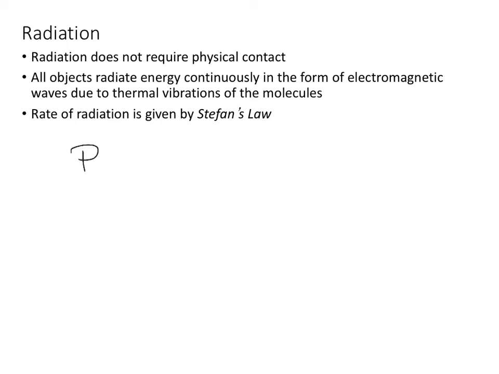Now, the rate at which this happens, and remember, rate of energy transfer is power, is given by this equation, where e is the emissivity of your object. And it's just a constant somewhere between 0 and 1 for your object.